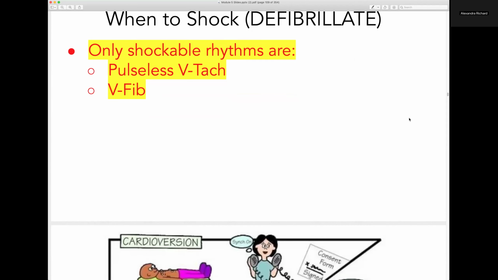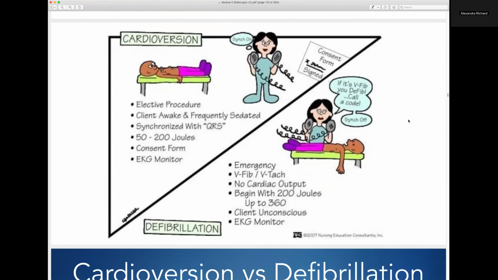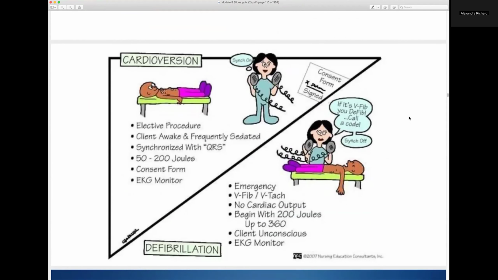Okay. All right. Now we're going to talk about what is the difference between cardioversion and defibrillation. So I want you to write this down. And guys, I'm telling you, cardiac is the most important topic on NCLEX, so you don't want to neglect this topic, okay?